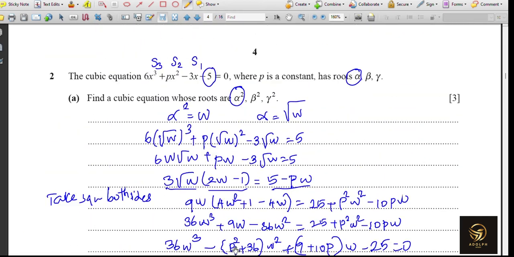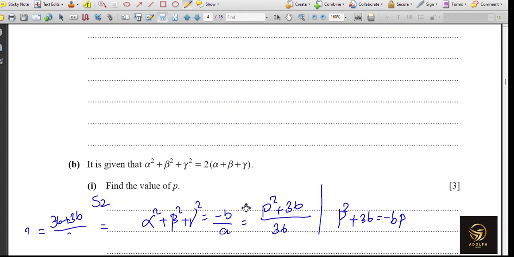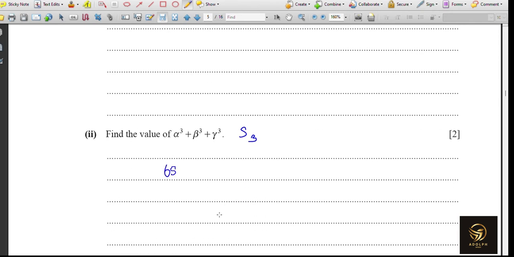What is the equation we have, that cubic equation? 6x cube. Oh yeah, you should take that as 6S3, not simply S3. It's 6S3 plus pS2 minus 3S1. And what we will do for the constant, let's see. So 6S3 minus 6S2. Why negative 6S2?